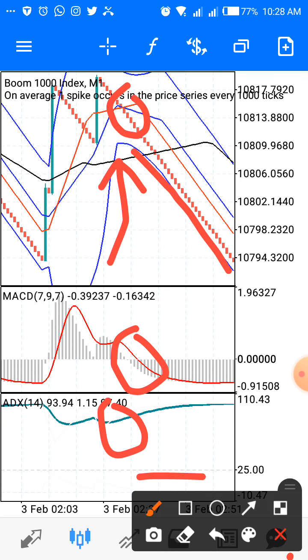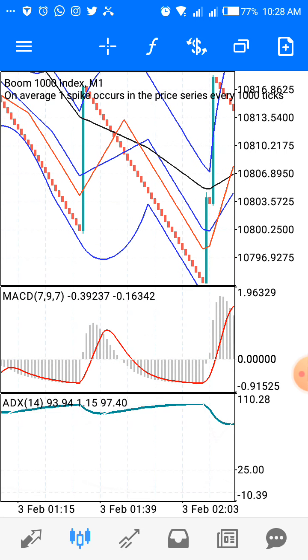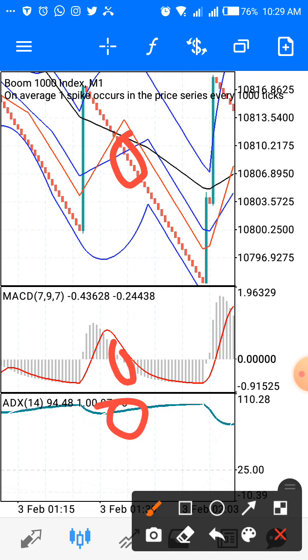Okay, let me look for another one again. Look at this. It crosses the candle, and look at it here, showing a downtrend here. So once these three conditions are met, we can pick our 2-3 candles, and we are good to go.